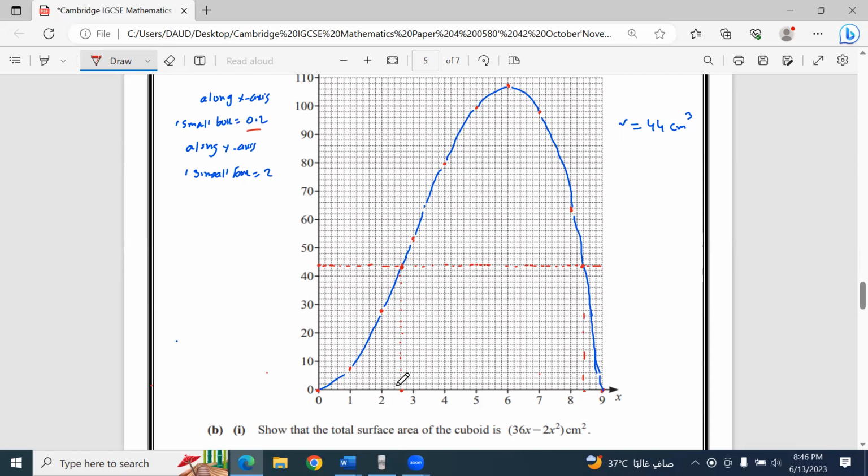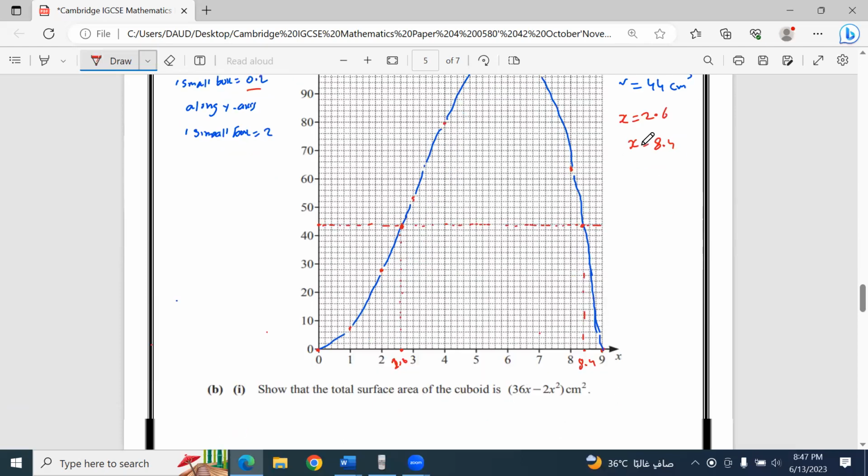So it means this one is 2.6 and this is 8.4. So x is equal to 2.6 and the second point is 8.4. So these are the answers when the volume is 44. I hope you understand.